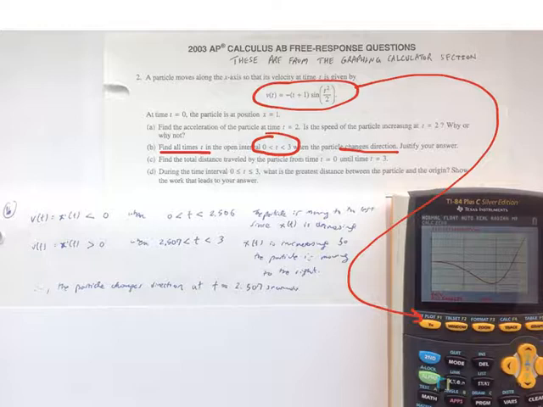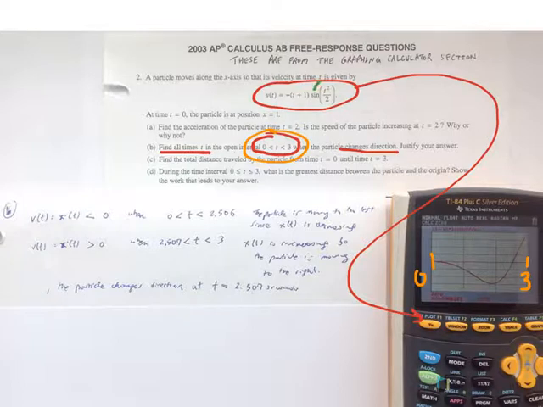And then you can look at the graph of the velocity function for time values from 0 to 3. So I set the window settings from x equals 0 to x equals 3, and for y from -4 to +4.